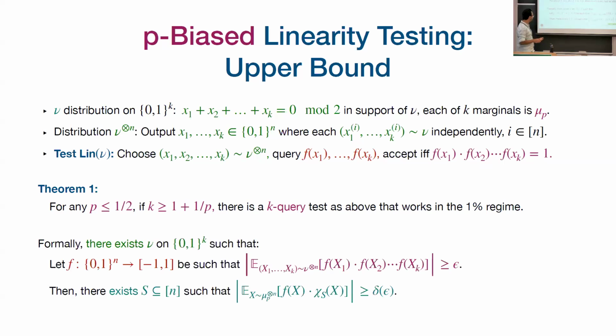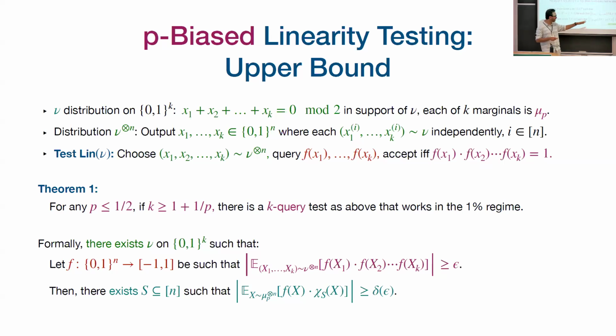Let me, for the sake of it, exactly say what this means. If you have p and k which satisfy this property, then there exists a distribution nu on k queries such that the following holds. For any function f, if the expectation of f of x1, f of x2, so on up till f of xk, where these k queries are chosen from nu to the n, is at least epsilon, then you have a subset S such that the expectation of f of x times chi of S is at least some function delta of epsilon.